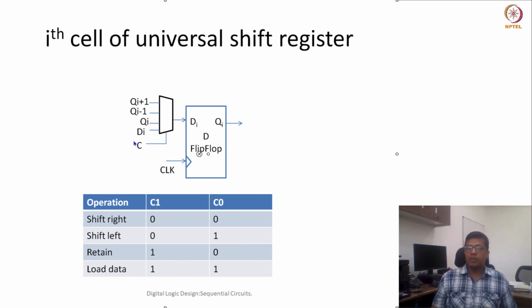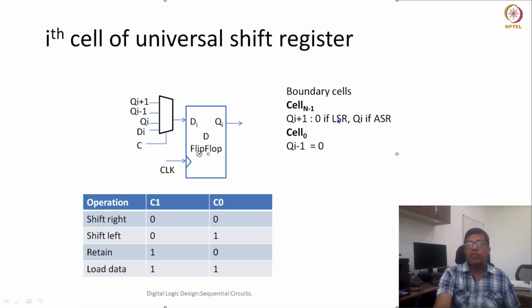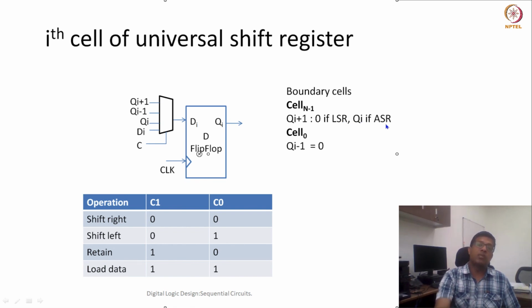with the exception of boundary cells. What would happen in the boundary cells? Let's say it's an n bit register, so for the most significant flip flop, the Qi plus 1 input will come from another multiplexer, where it could be 0 if it is a logical shift operation, or Qi if it is an arithmetic shift operation.